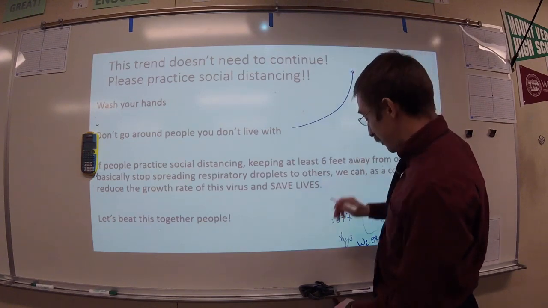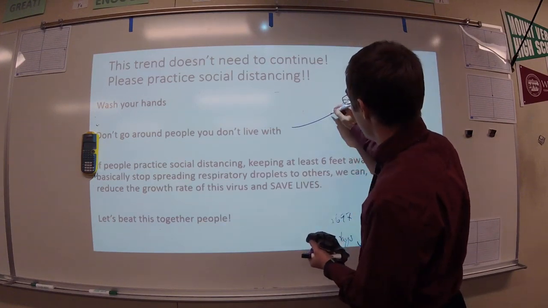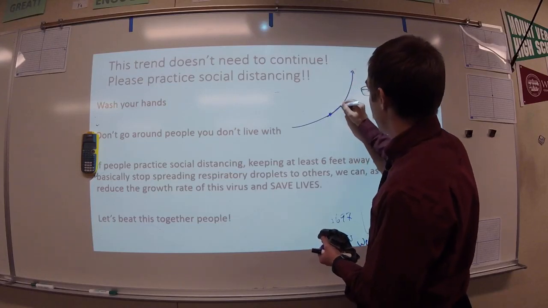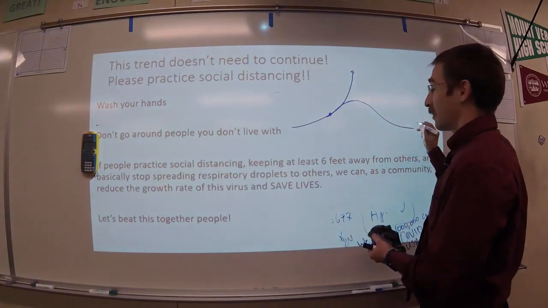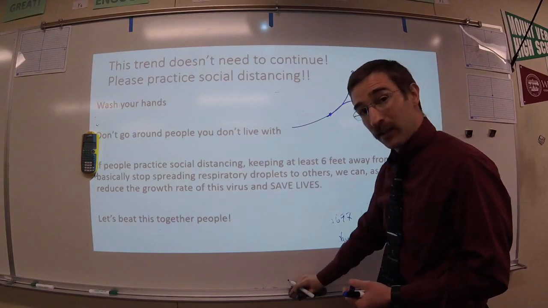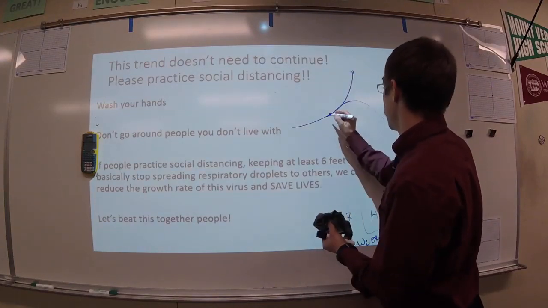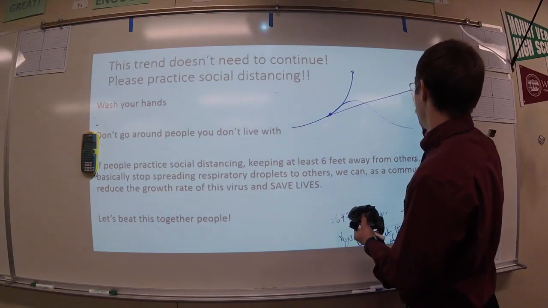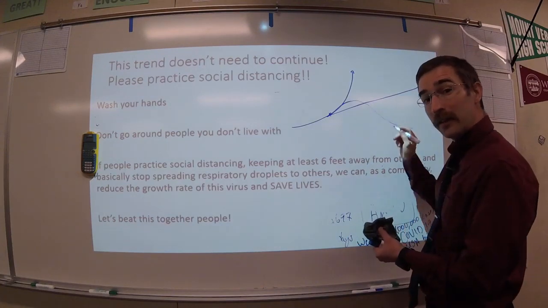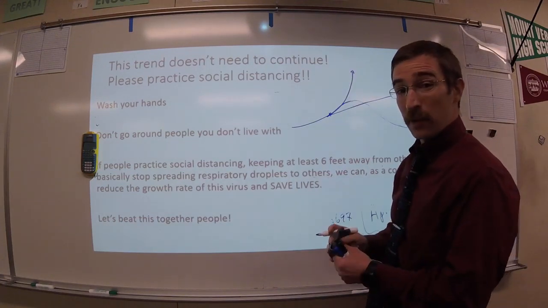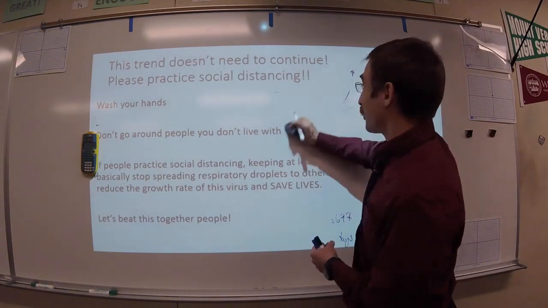So what we're going to try to do is right now we're like here. We're going to try to make it go like this. Hopefully. Or maybe just like this. And then down a little bit. But not so steep. That's the goal.